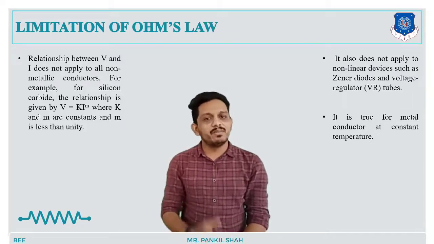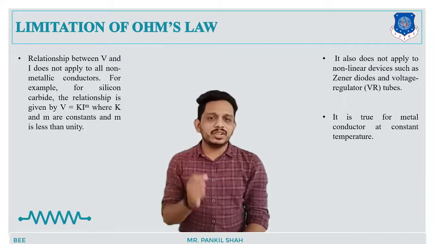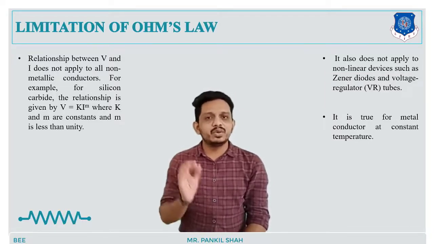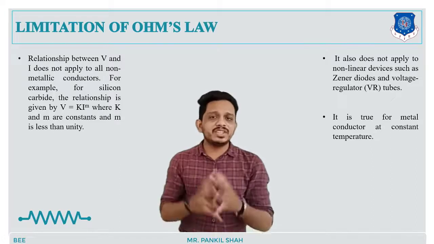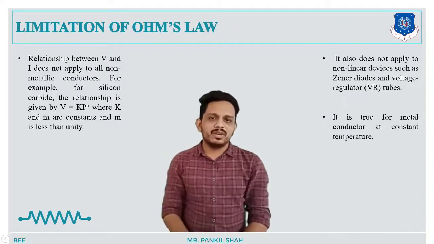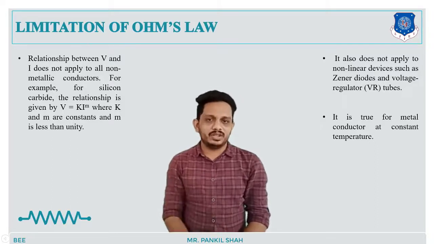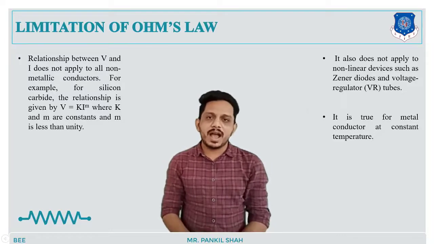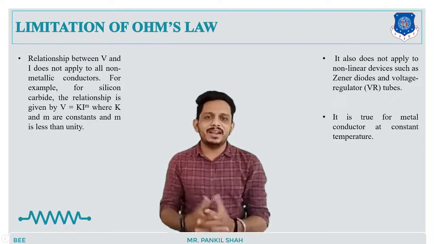The third and most important limitation of Ohm's law is that the temperature of the circuit should remain constant. If the temperature is varying, then Ohm's law is not applicable. So this was all about Ohm's law and its limitations. Now let's see the connection of resistors, and how resistors are connected in series and parallel.